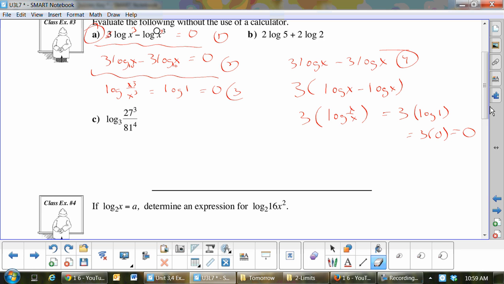Everything. Well, you can't do that. Just the 3, so it's the negative 1, and then you bring that over to the front. So it's negative 1 log x to the third, plus log x to the third. Okay, and what did you want to do after that? That equals 0.